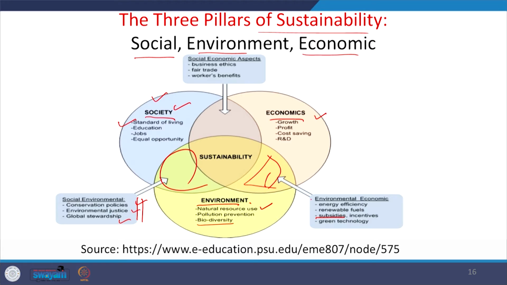So, all these examples are dealing with environmental as well as economic sustainability.